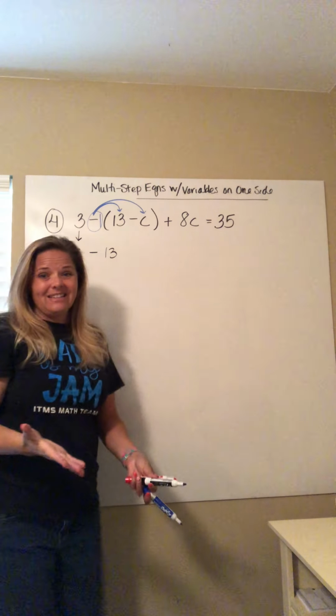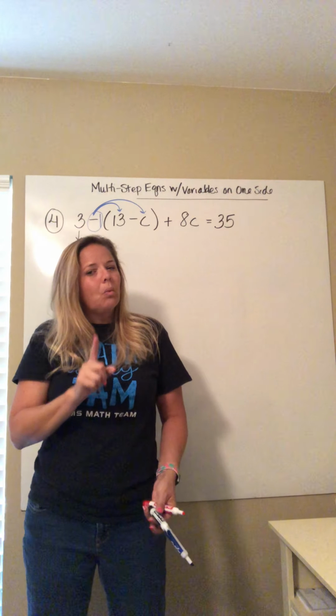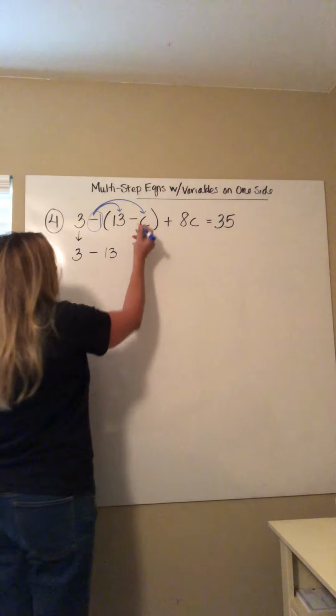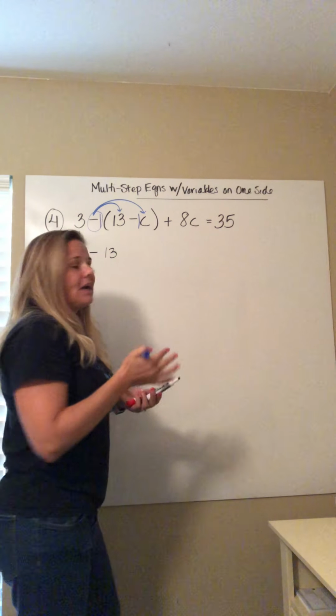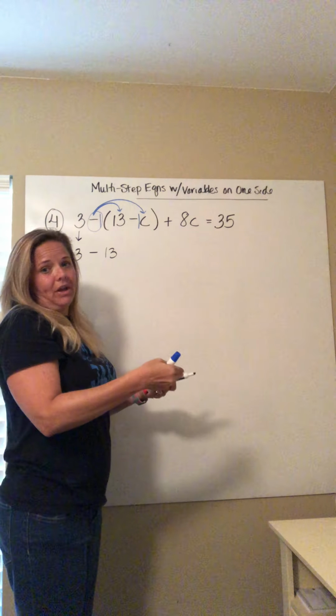Now again, the c doesn't have anything in front of him, right? But he's really not alone. What's there if we really don't see it? An implied 1. So there's really a 1 here as well. So what you're doing without realizing it is you're multiplying negative 1 times negative 1 to get positive 1.